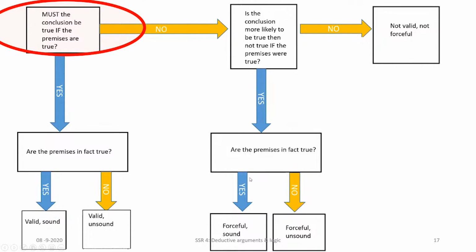If the premises are indeed true, then you can say it's an inductively forceful argument and it's sound, or you can summarize that, as the book does, by saying it's inductively sound, which means the same thing. You say it's inductively forceful and I consider it to be sound. If the premises aren't factually true, you say it's forceful but it's unsound.